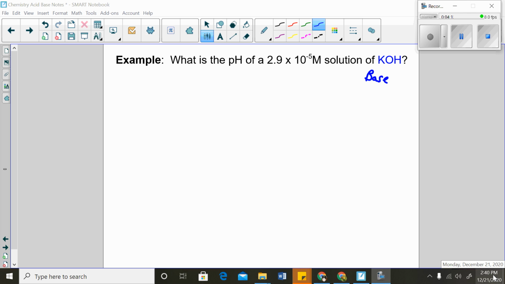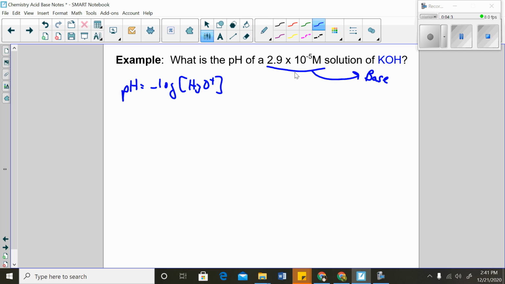Well, it actually affects the answer now, because normally what we've been solving for, right, is pH. So pH equals negative log of H3O plus. This is not the H3O plus because it's a base. This is actually the OH minus.